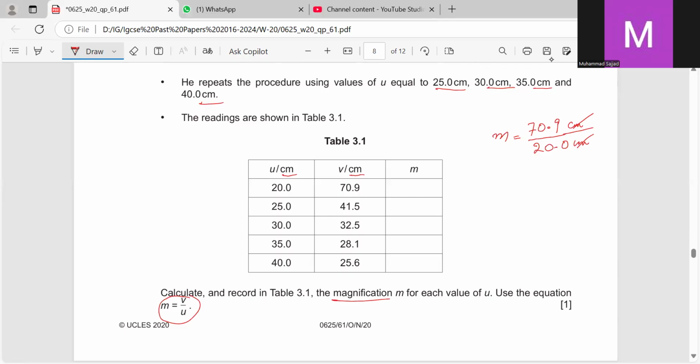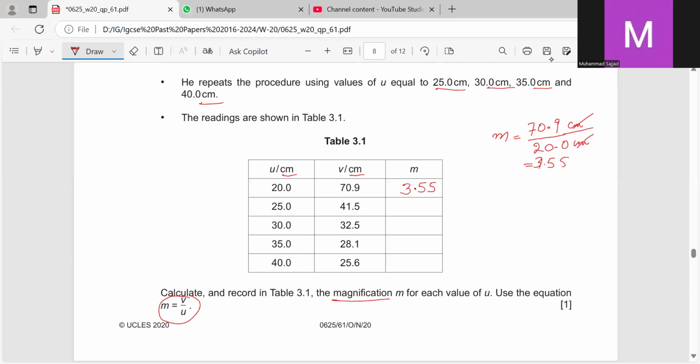So this one is 3.55. So here I'm writing 3.55.